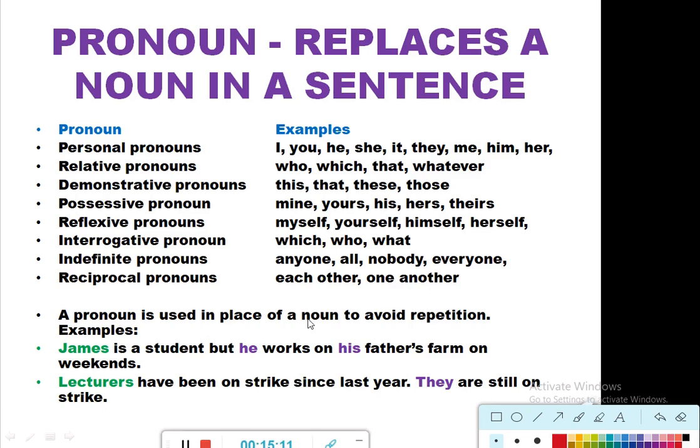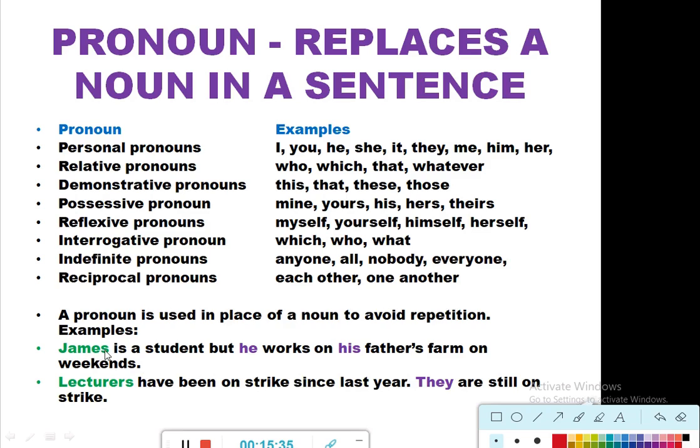So a pronoun is used in place of a noun to avoid repetition. Let's look at some examples of how we use the pronoun in a sentence. James is a student, but he works on his father's farm on weekends. So here we can see that James is a noun.